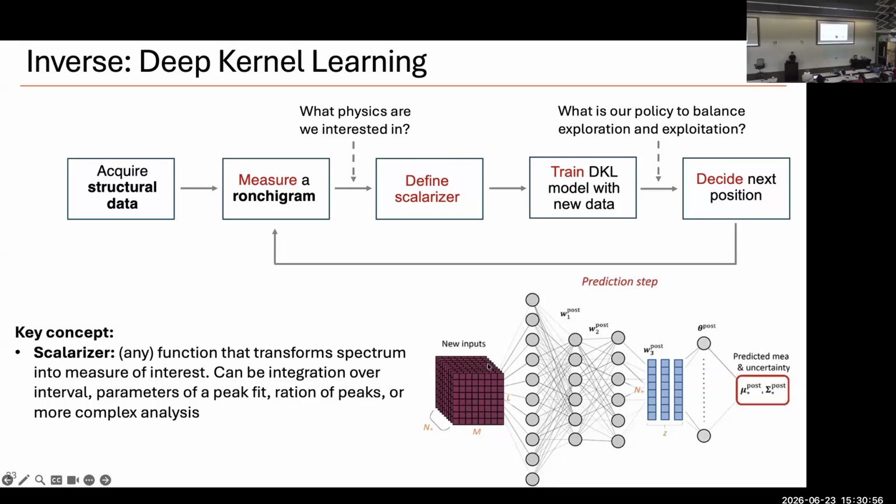What that usually looks like is taking inputs. These can be crops around your local measurement, so they encode some structural property through the image into a fully connected neural network, in this case a deep network, like Elizabeth talked about the other day, and encoding that into a latent space.